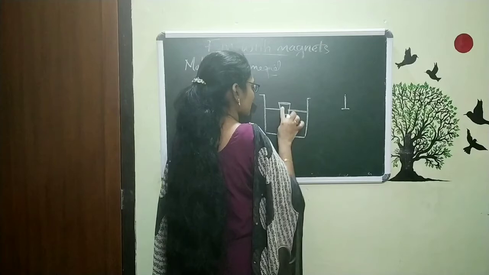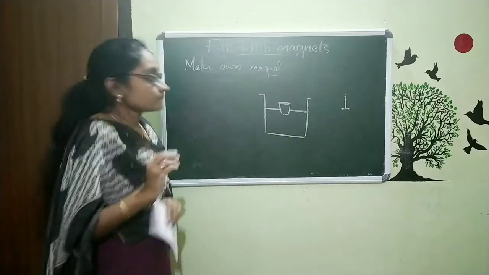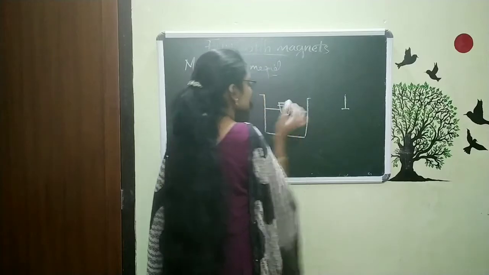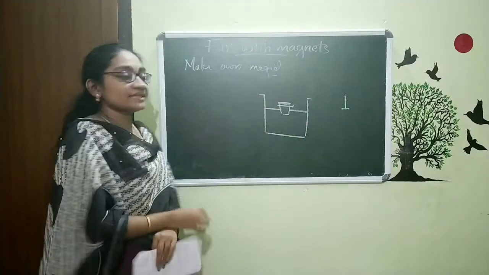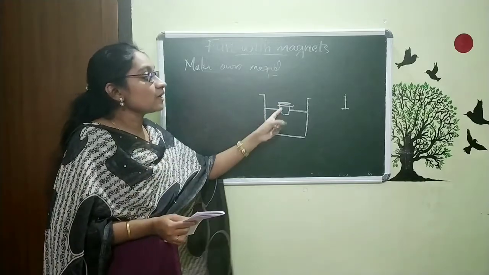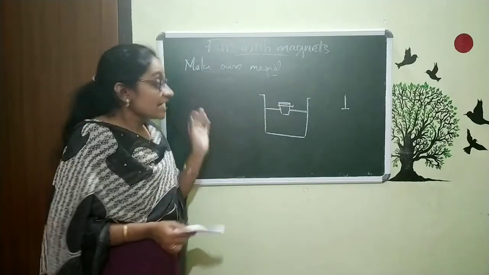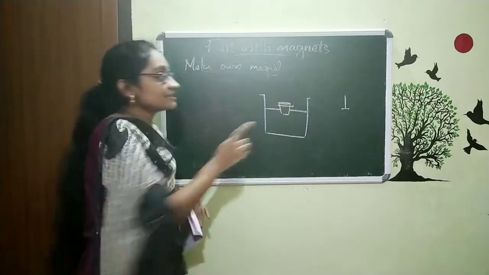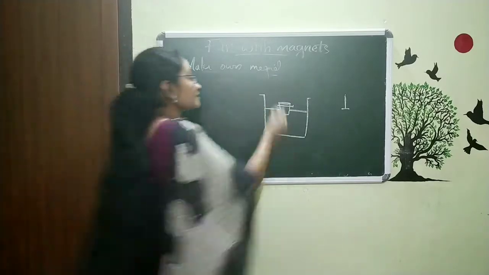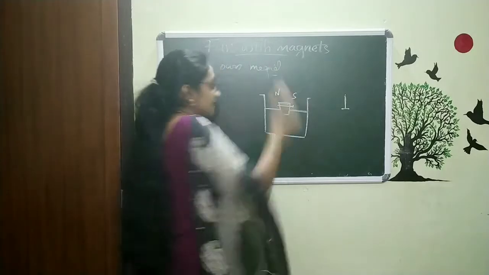Cork means a rubber cork that will float on water. And so I just put this needle here and put this on the water. It is floating. We just want to make sure this pin is not dipping or touching the water. And when we twist this, the magnet or this needle will always be in the north-south direction.